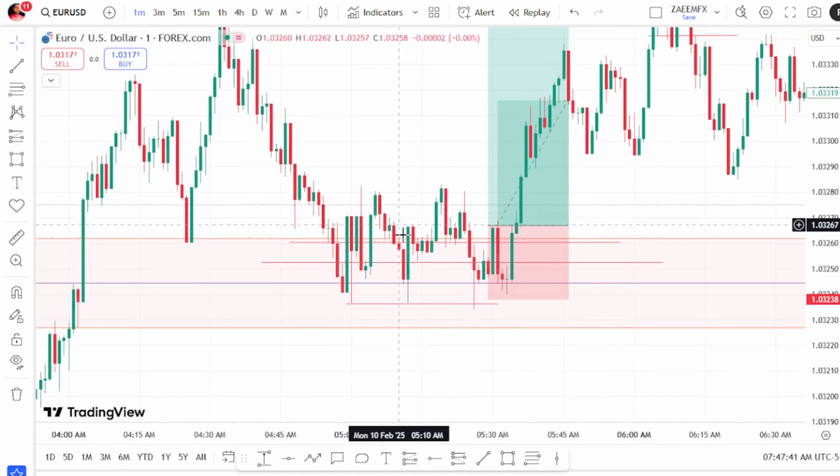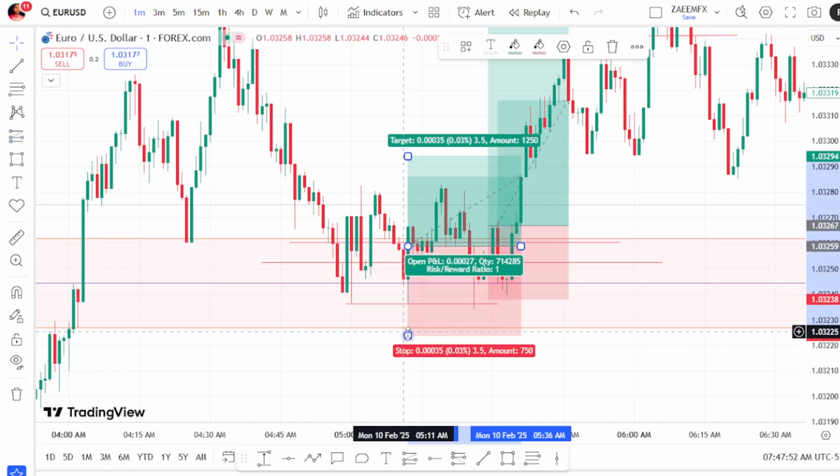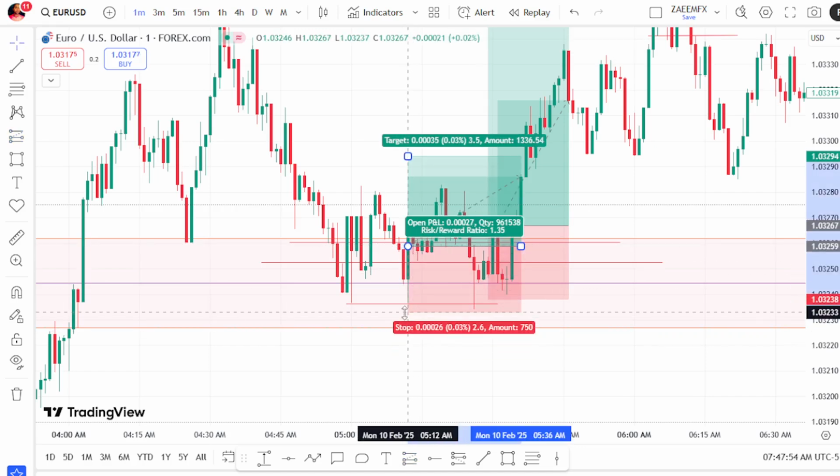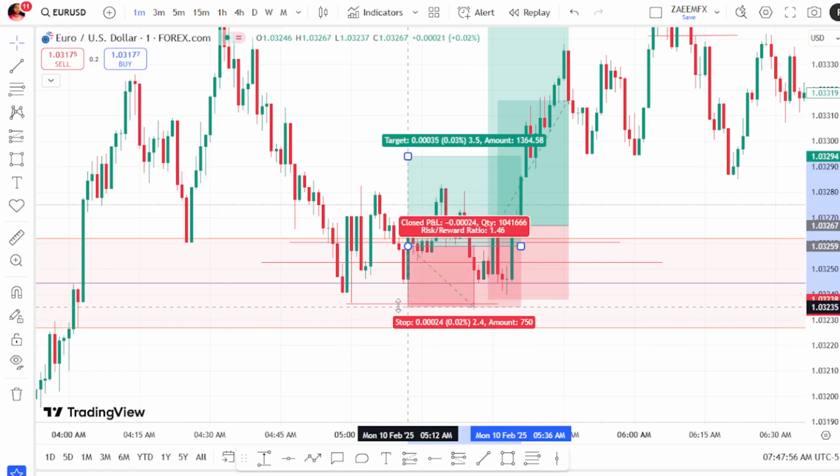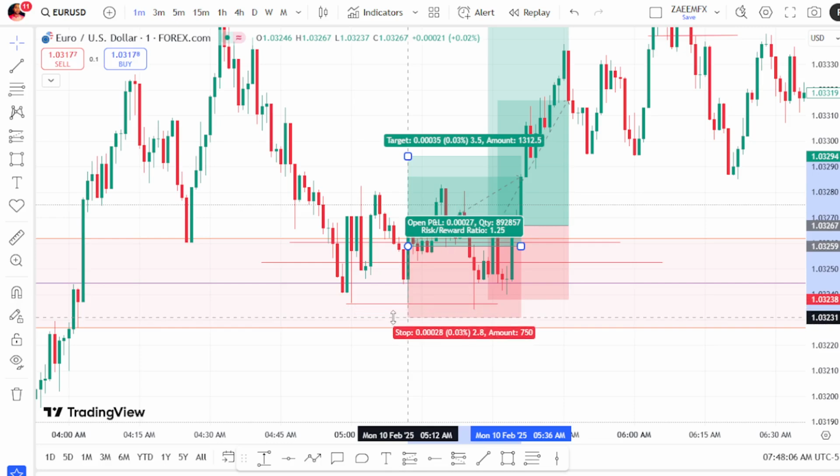So once this occurs like this, I can enter a long position here, as soon as this candle is trading down. Then my stop loss just got 1 pip. So the initial one is 2.3 stop loss, and I can just go maybe 0.5 to 1 pip below it.